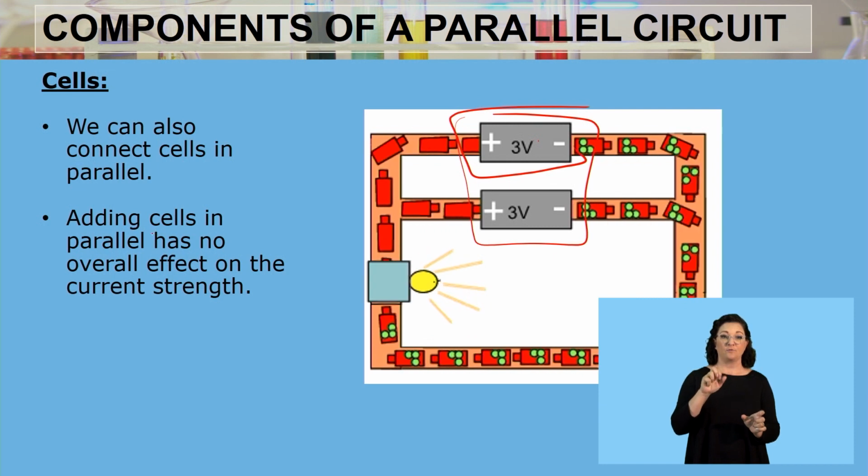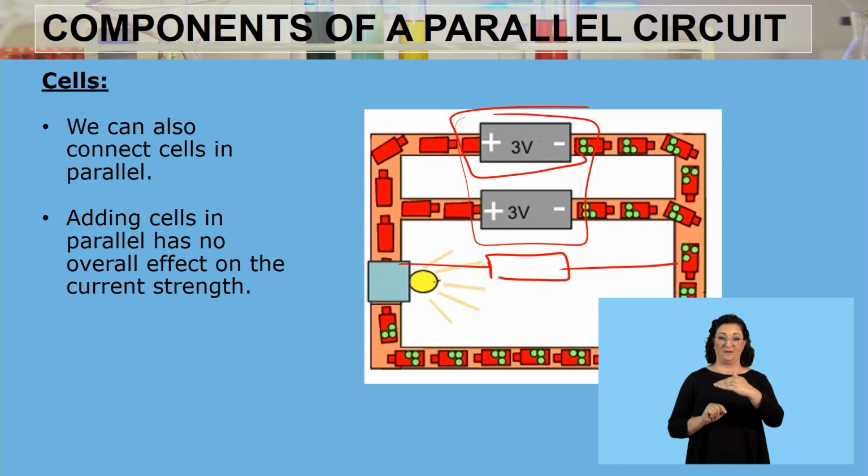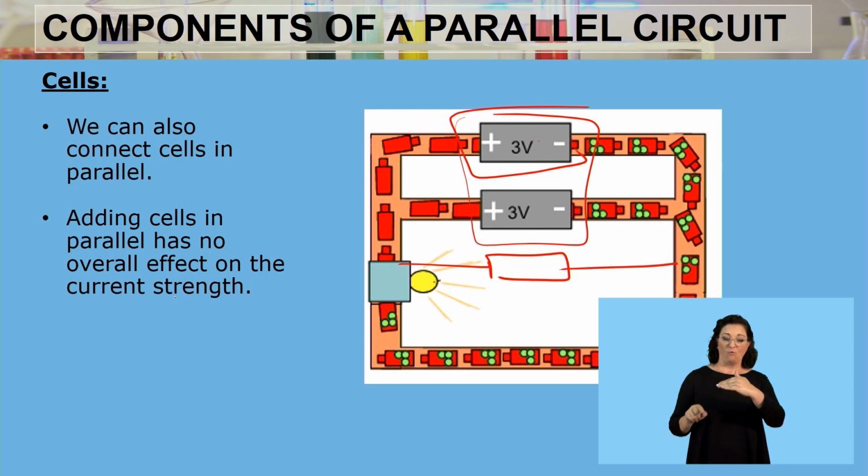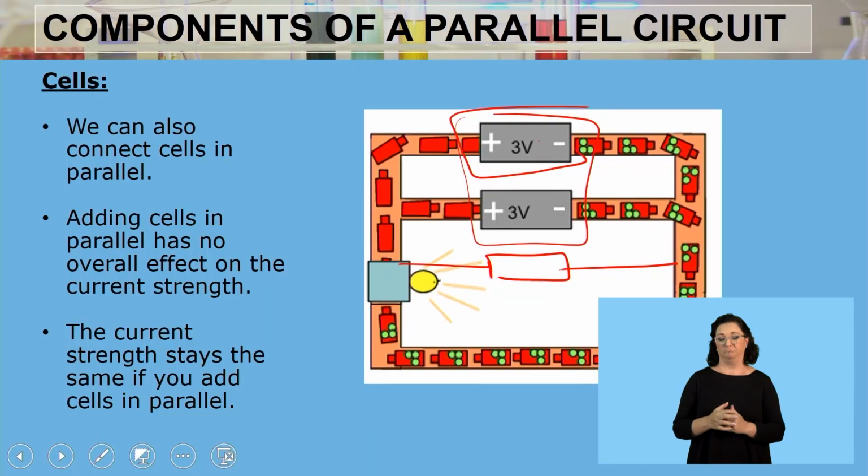When we add another cell in parallel to the other ones, that has no overall effect on the current strength. The current within the electric circuit is not going to change if I add more cells in parallel. So the current will not be changed if I add more cells in this electric circuit.